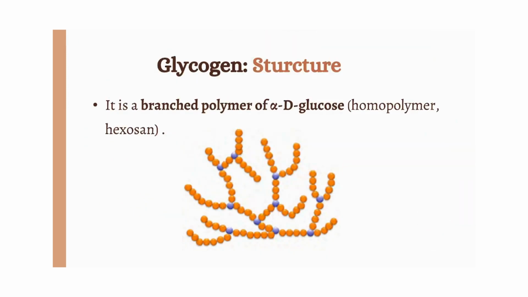Glycogen itself, as you remember, is a branched polymer of alpha-D glucose. It is a homopolymer since its constituent units are all alpha-D glucose, and it is a hexosan because when it is hydrolyzed, it will release only hexoses.